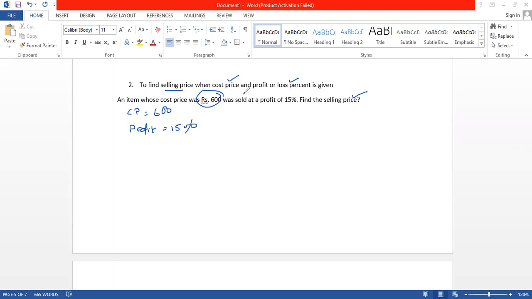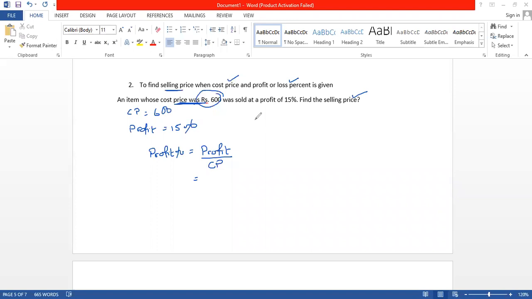So for this question, you can multiply this by the cost price. This is very important. Only when the cost price is provided to you, you can simply multiply 15% by the 600 to get the amount of profit. Or you can use the formula method and actually plug in the values in the formula. The formula for profit percentage is the profit over the cost price.